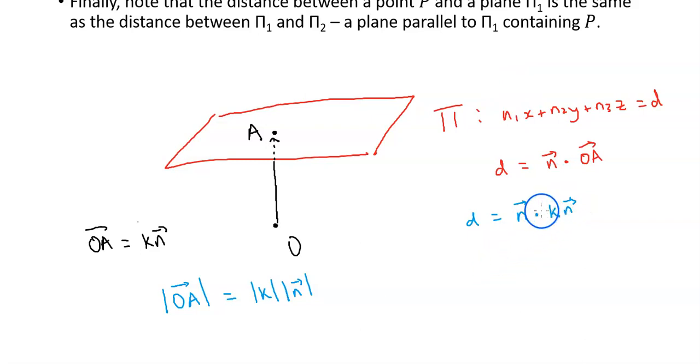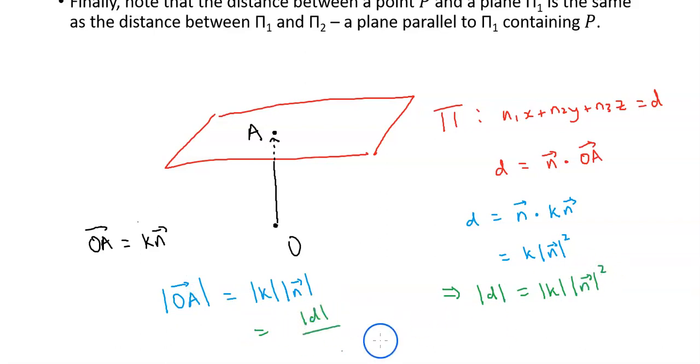And so we can factor out the k, so this is equal to k times n dot n, which is equal to the length of n squared. And so clearly the absolute value of d is equal to the absolute value of k times the length of n squared, and therefore the length of OA is equal to the absolute value of d divided by the length of n. So that proves the first part.